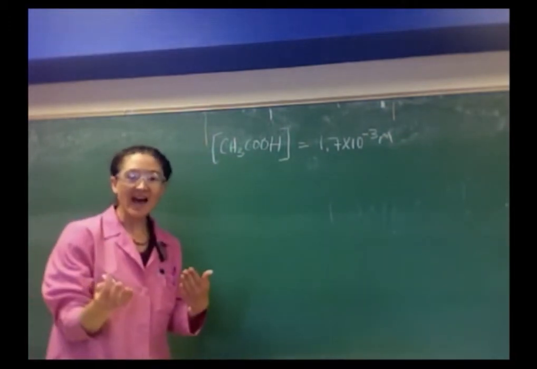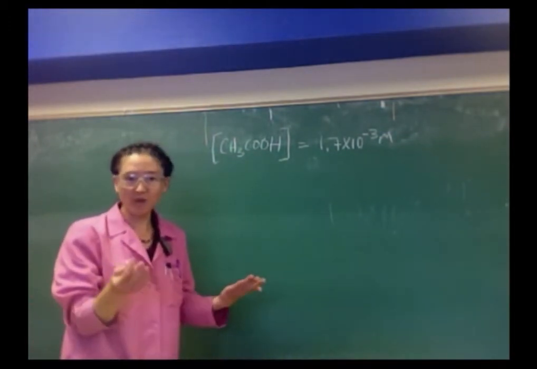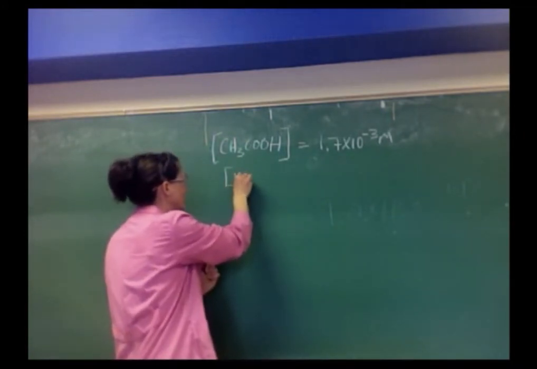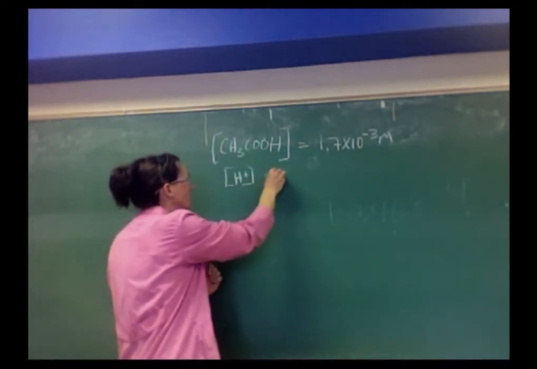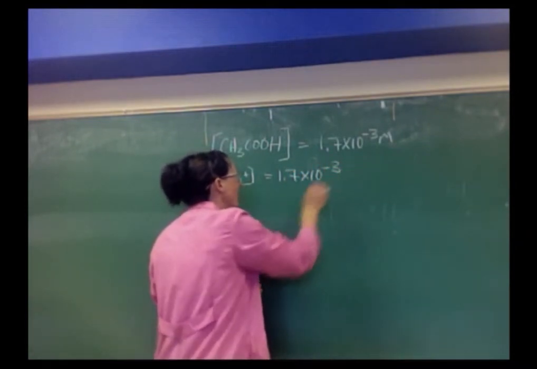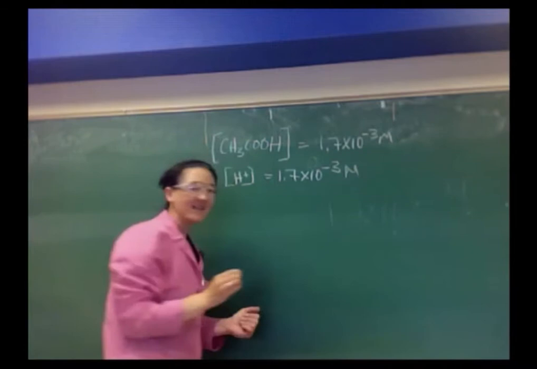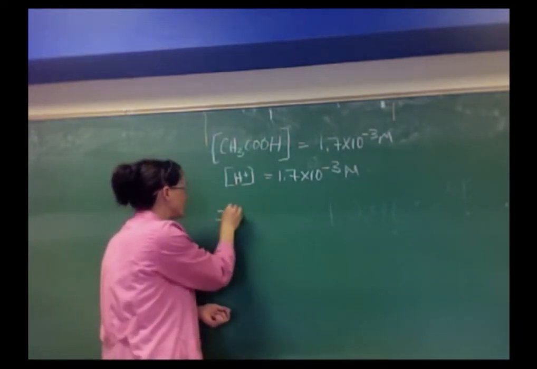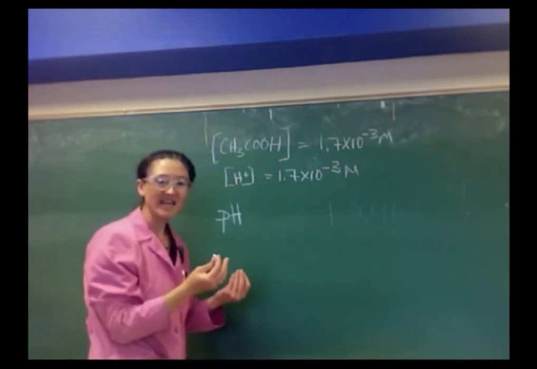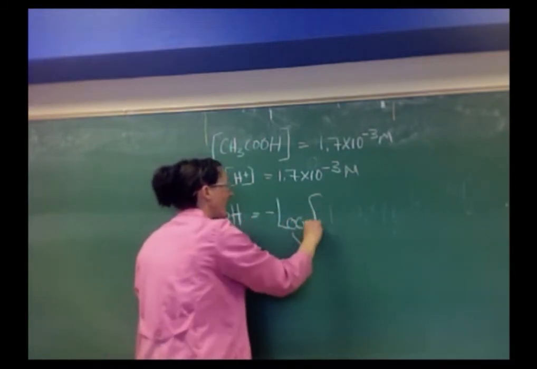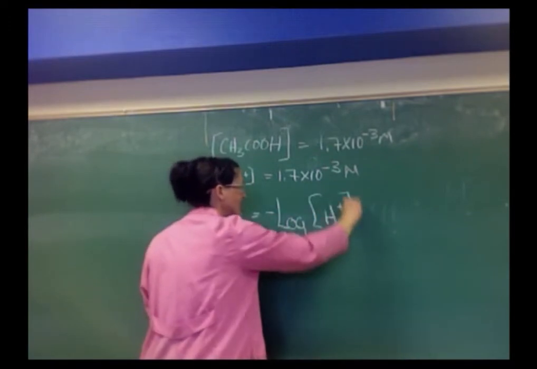Now that we know that, can't we just go ahead and assume, like we did before, that the hydrogen ion concentration is then equal to 1.7 times 10 to the minus third molar as well. And from there, why not just plug in to our good, trustworthy equation for pH being equal to negative the log of the hydrogen ion concentration.